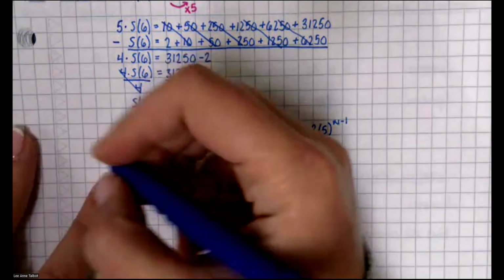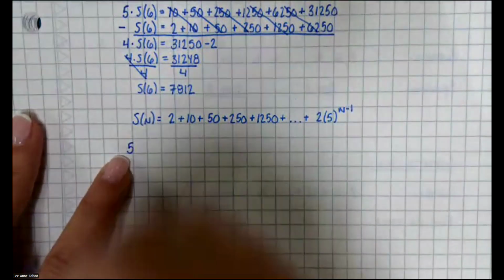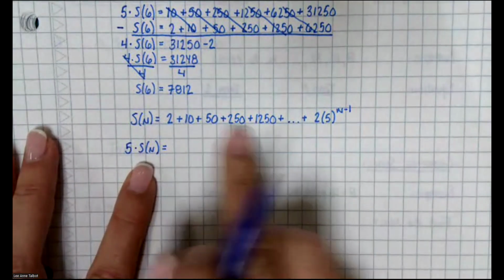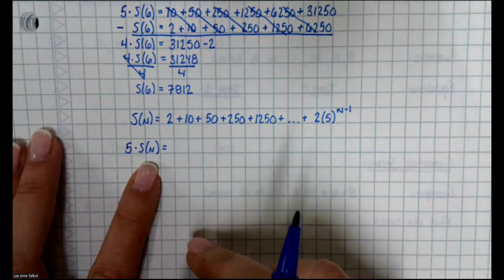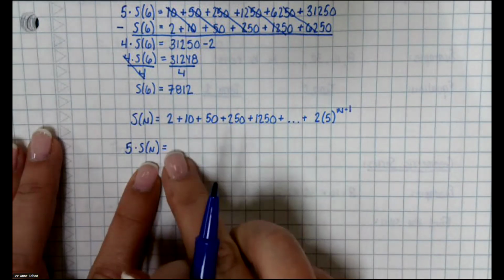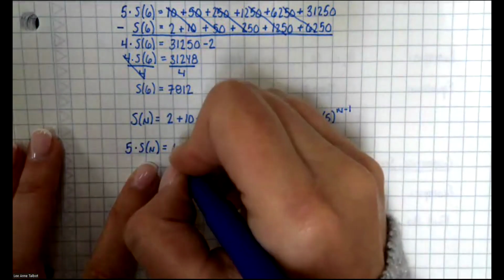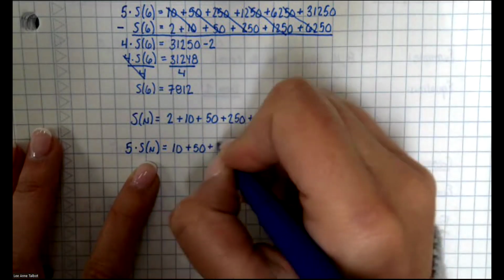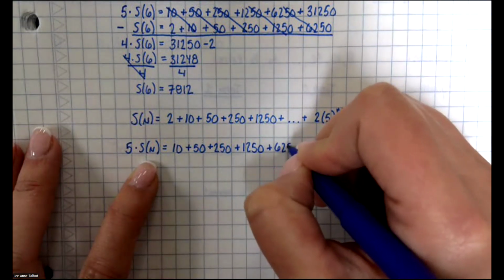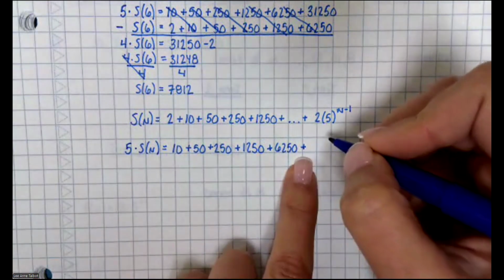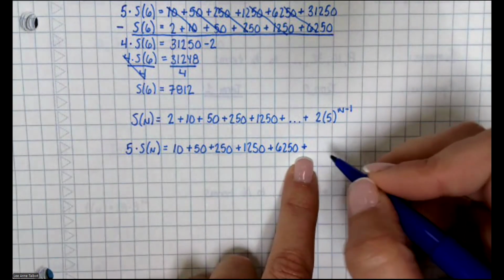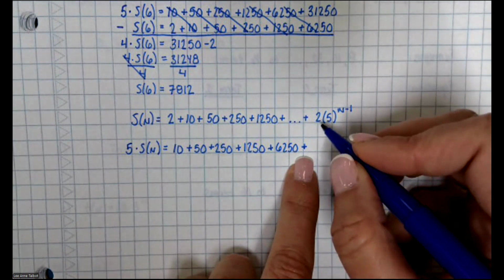The multiplier is 5, so I'm gonna multiply this by 5. Okay, and what will change here? What will this become? 10 plus 50 plus 250 plus 1250 plus 6250 plus, okay, and then yes.